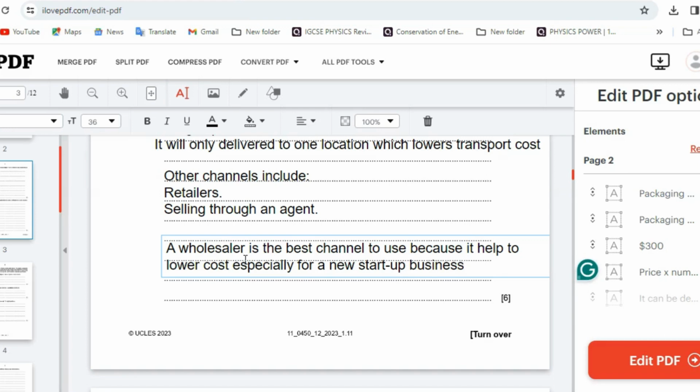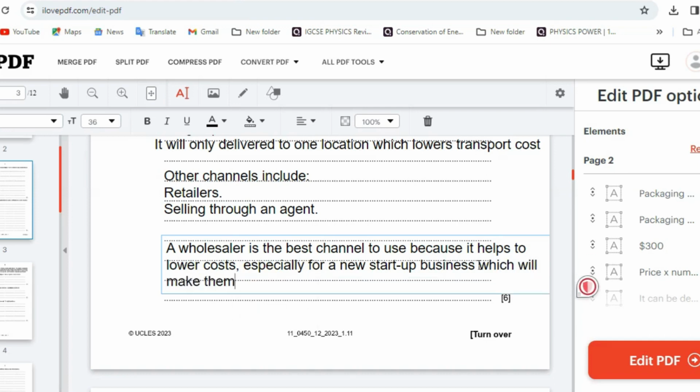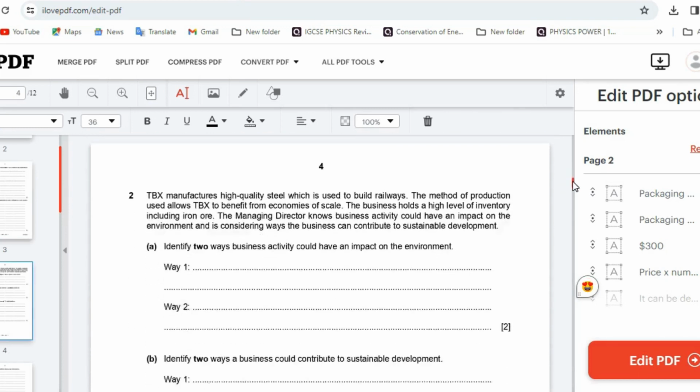Of course, for a new startup business, they will have limited capital, which will make them have limited capital. Yes.